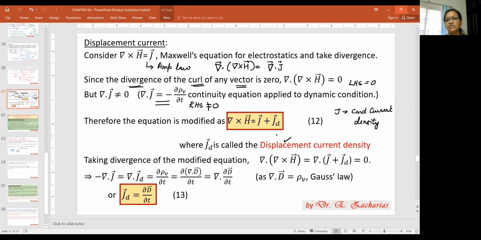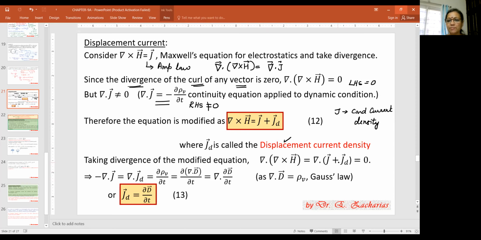Now let us see whether we can apply divergence on both the sides. Let us call this equation 12 the modified Ampere's law. Take divergence on both sides. What will you get? Del dot del cross H is equal to del dot J plus JD.